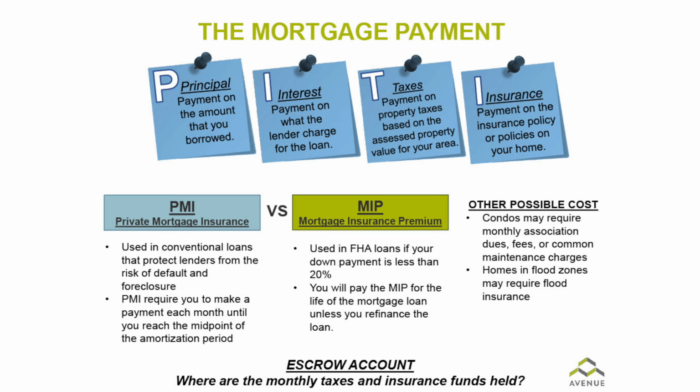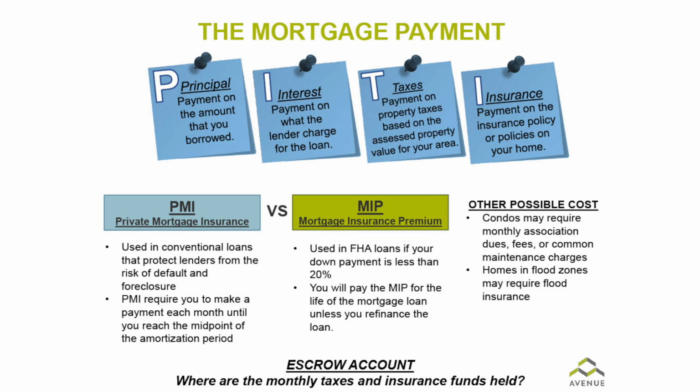But whatever the property taxes are, they're based upon the value at the time that you're purchasing it. And they're going to divide those up, and that'll be escrowed. Your insurance is the payment on the insurance policy or policies on your home, just like your car. So it's principal, interest, taxes, and insurance, PITI.